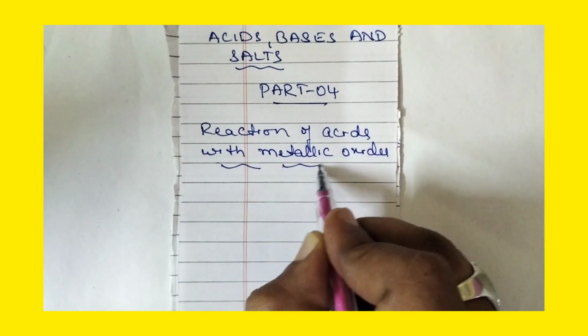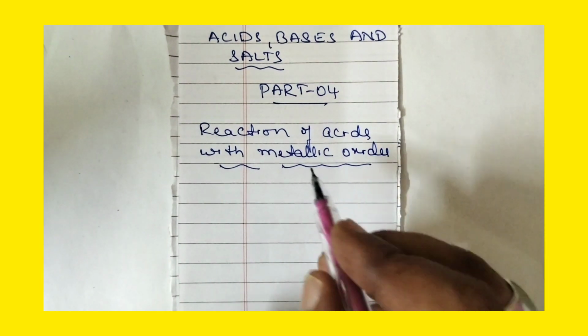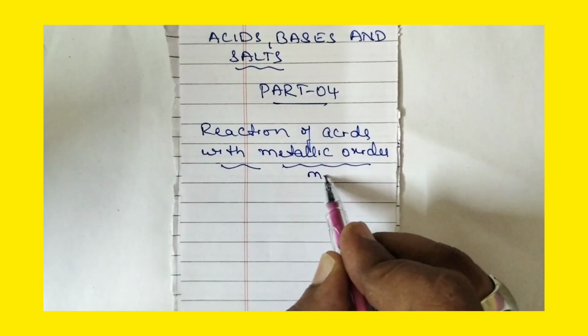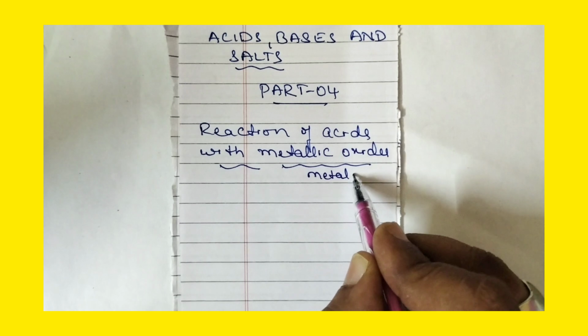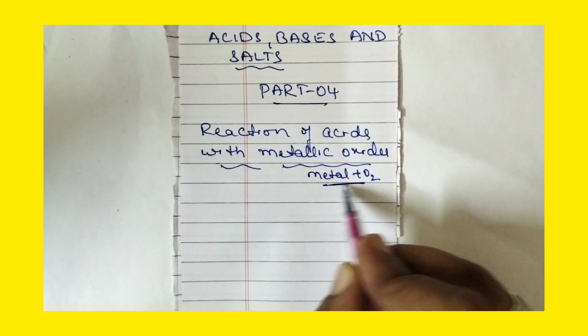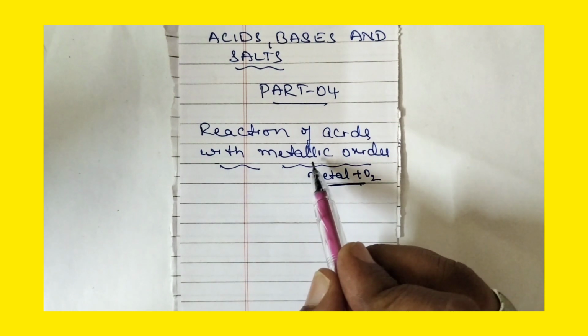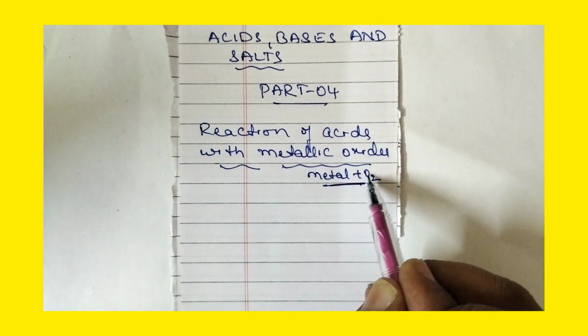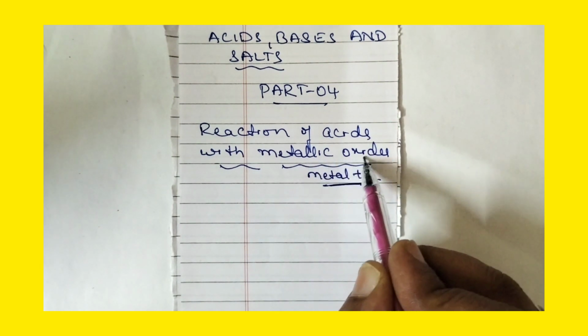So what is meant by metallic oxide? Metallic oxide means when metal reacts with oxygen. A reaction between metal and oxygen will give us metallic oxide.